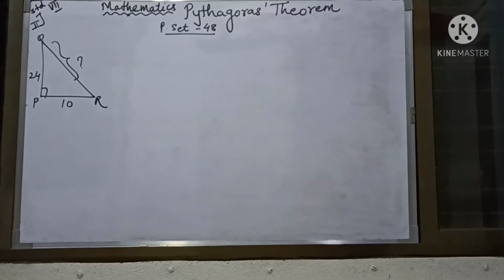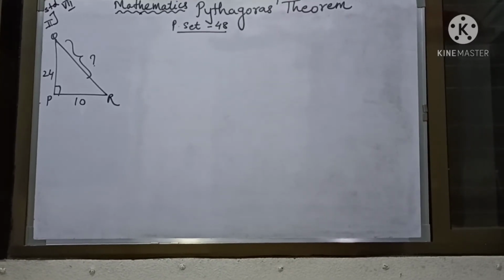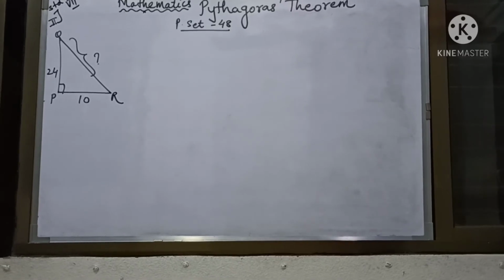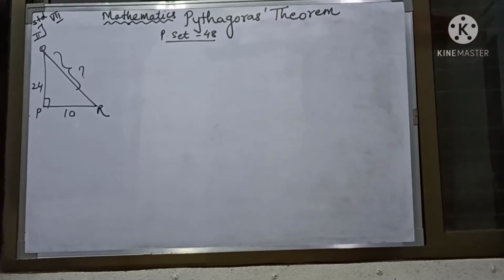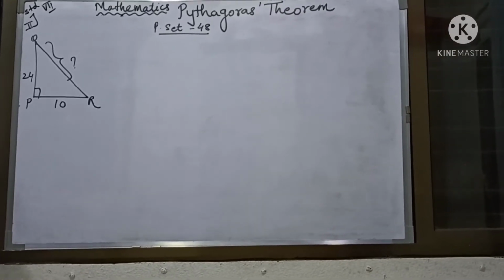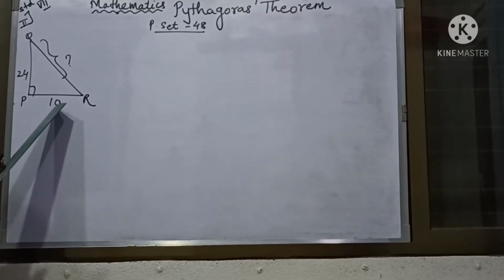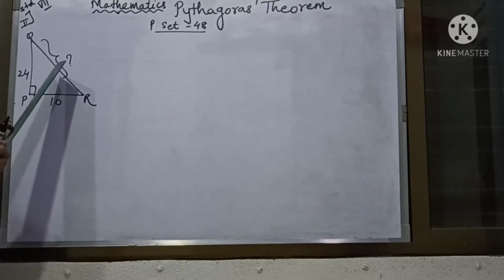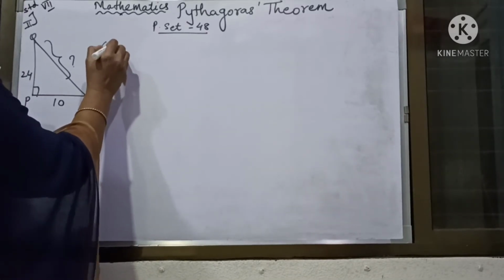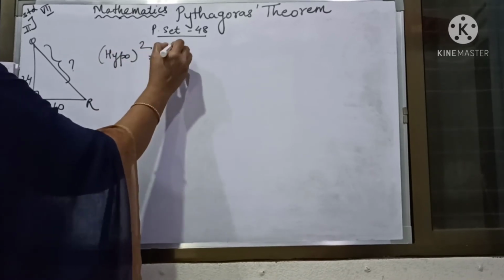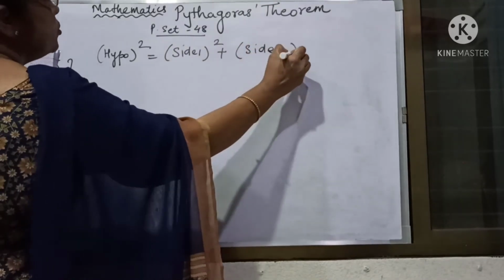The next sum. In the right angle triangle PQR, angle P is 90 degrees. Length PQ is 24 centimeter. Length PR is 10 centimeter. Find the length of segment QR. So we will solve the example. Here in this right angle triangle, angle P is 90 degrees. One side is 10 and the other side is 24. Here you have to find the hypotenuse. So we will write the Pythagoras theorem formula. Hypotenuse square is equal to side 1 square plus side 2 square.